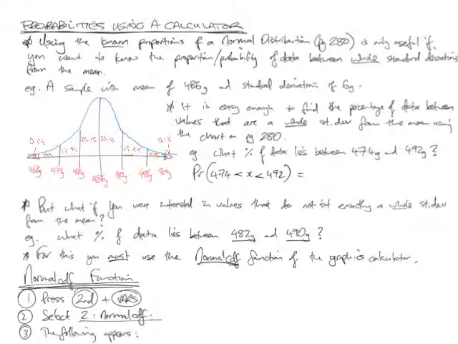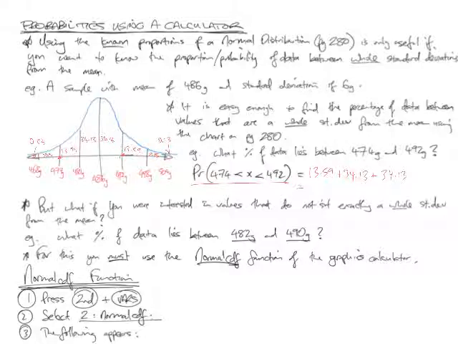And if we were looking for the probability or the proportion of data between 474 and 492, we're looking here and here. It's going to be 13.59 plus 34.13 plus the other 34.13%. Just grab a calculator.